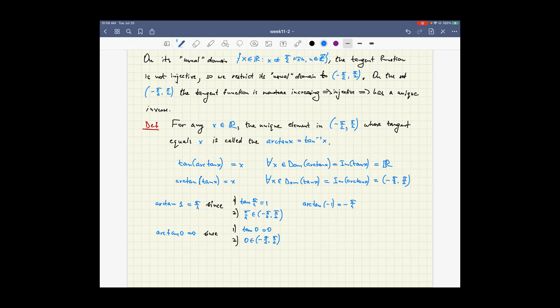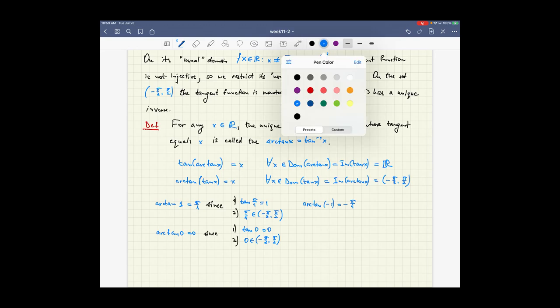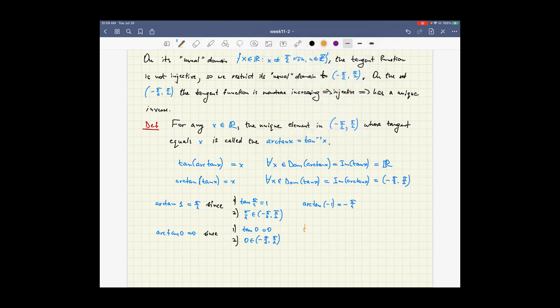There are some values of tangent that I don't remember. If we can recall them, for instance, what's tangent of pi/6? That's sine of pi/6, which is 1/2, over cosine of pi/6, which is √3/2, which is 1/√3, which is √3/3.